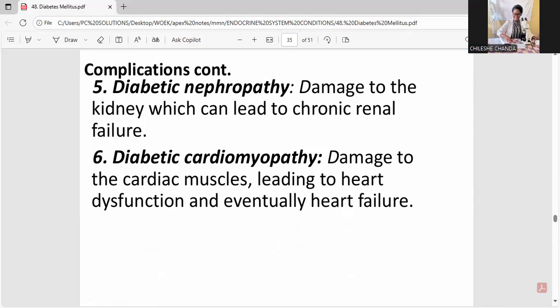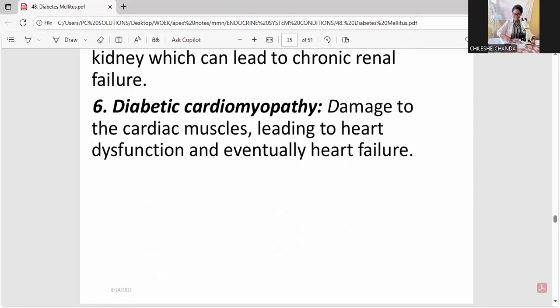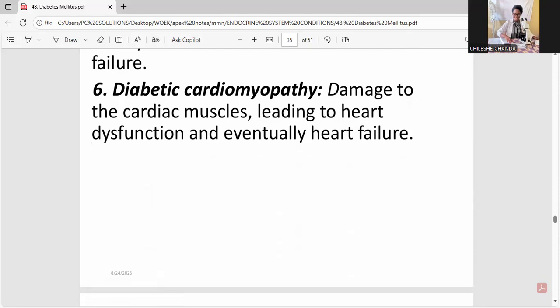And once there is damage to the glomeruli, there is going to be nephropathy, which will later lead to kidney failure. And so this patient may end up with kidney failure, and if this kidney failure is not well managed, the patient will end up in chronic kidney failure, which may not be able to be resolved.